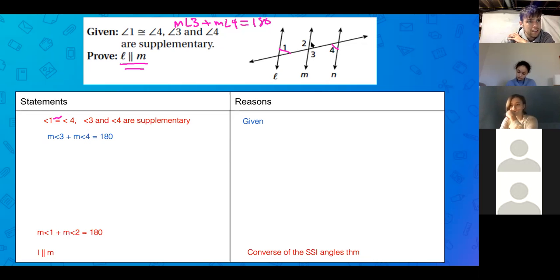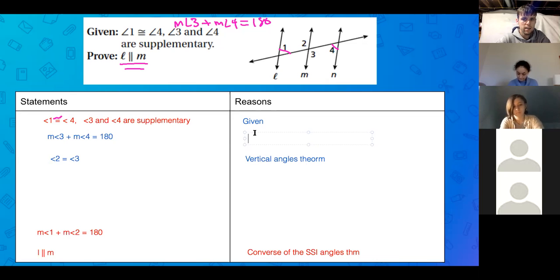Another thing that I see is these vertical angles. Again, I'm not 100% sure I'm going to use it, but it can't hurt to use this. So angle 2 is going to be equal to angle 3 because they are vertical angles. I forgot to put a reason here. What would be the reason that I could write this equation, that angle 3 plus angle 4 equals 180?